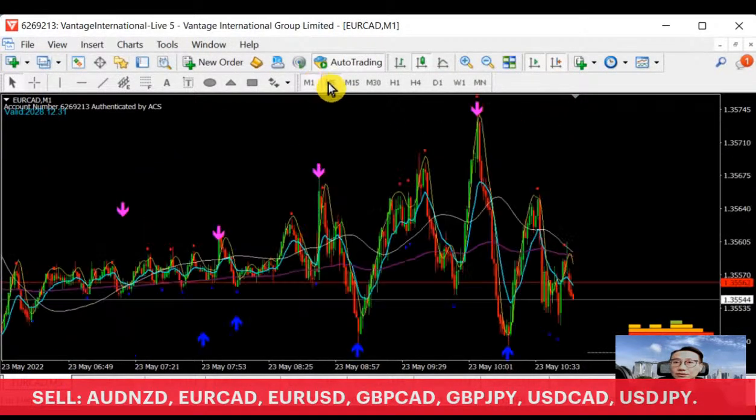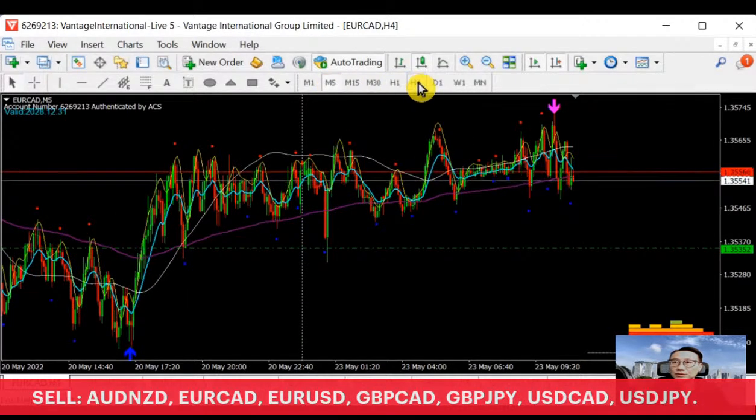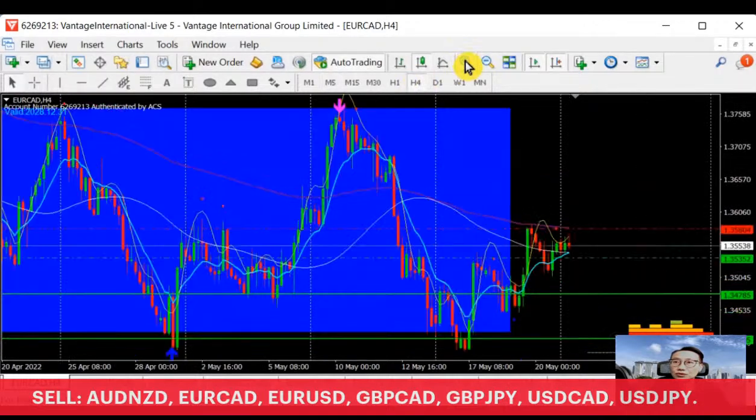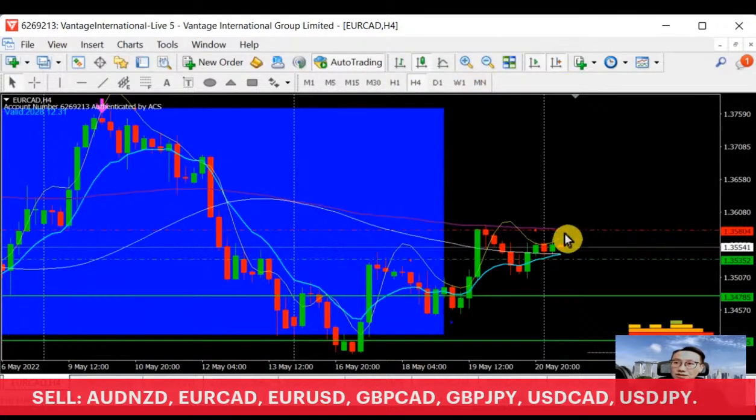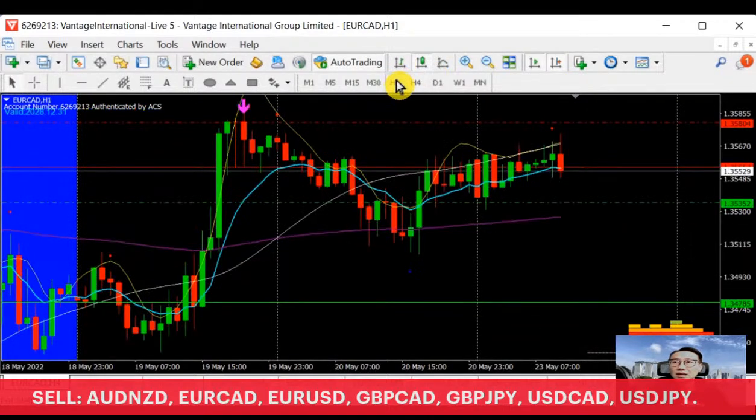Yes, Euro CAD. Oh, we have quite a bit of a spot over here. Looking at this, we can see there's a rejection candle in H4. It shows the strength. Nice.